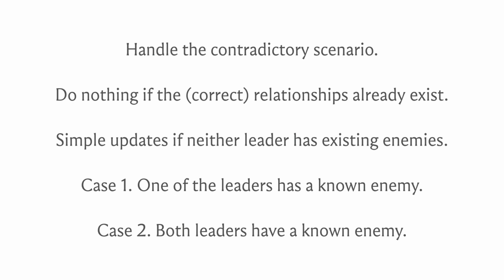In both of these cases, you could infer some extra relationships, and this involved carefully merging some sets that you didn't have to directly merge because of the operation, but by inference, and then just keeping track of the new leaders and making sure that the enemy pointers are cleanly updated. So the specifics of how you handle these two cases we have already discussed. So in case you missed it, you might want to just go back and look at that part of the discussion in the video. So that brings us to the end of the algorithm.